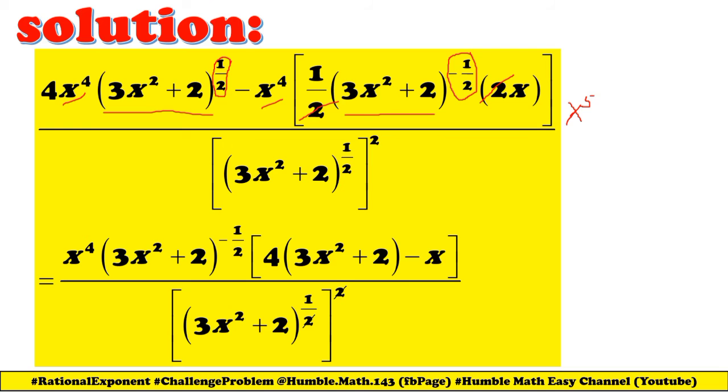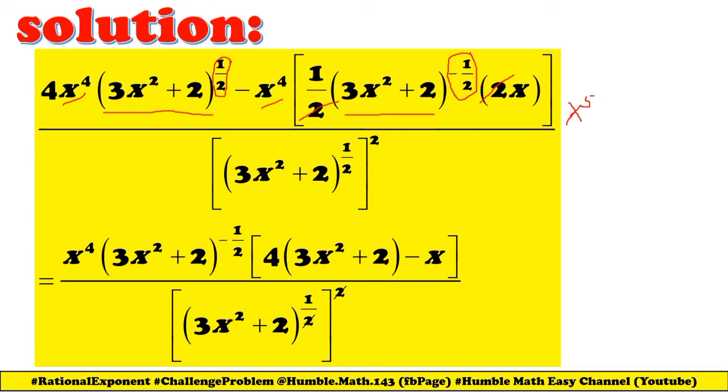As I said previously, for the greatest common factor of terms having the same base, we collect the lesser value of the exponent.